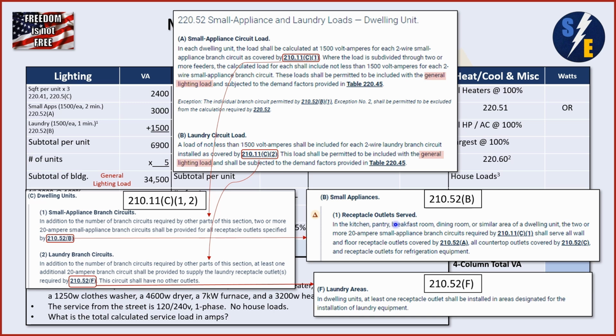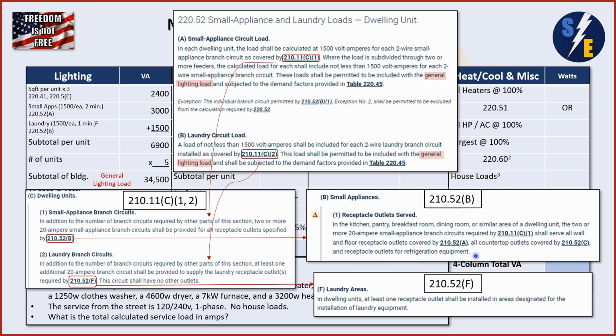Receptacle outlets served in the kitchen, pantry, breakfast room, dining room, or similar area of a dwelling unit, the 2 or more 20 ampere small appliance branch circuits required by 210.11c1, right here, shall serve all wall and floor receptacle outlets covered by 210.52a, all countertop outlets covered by 210.52c, and receptacle outlets for refrigeration equipment.